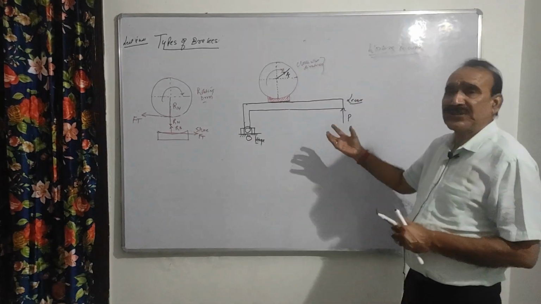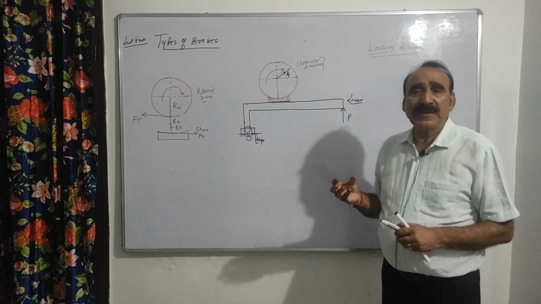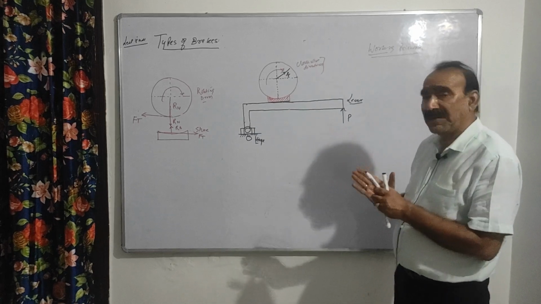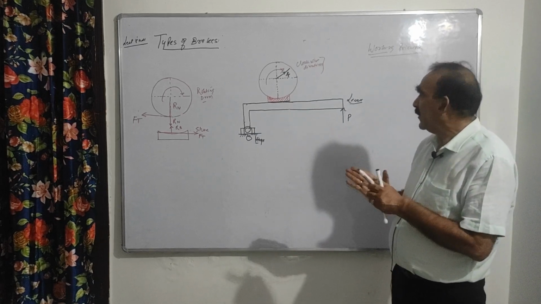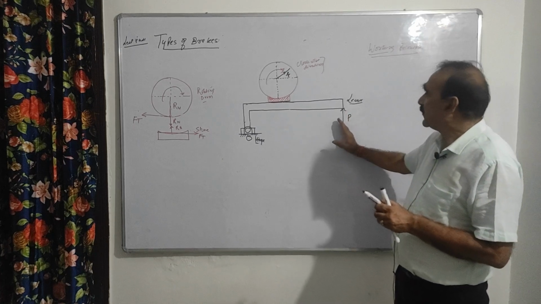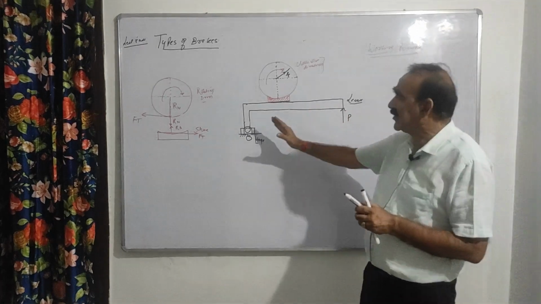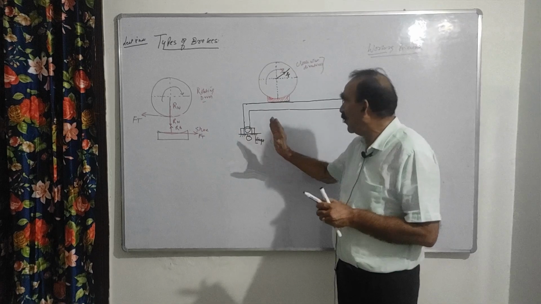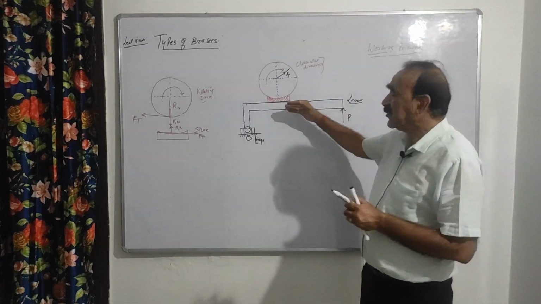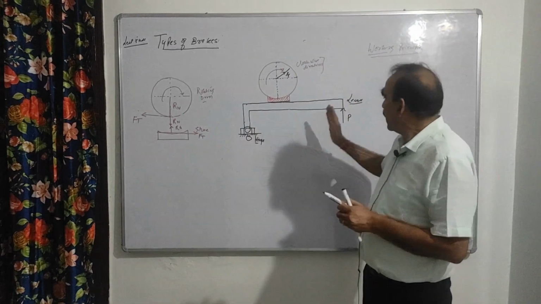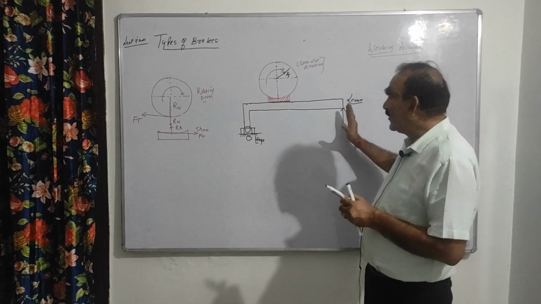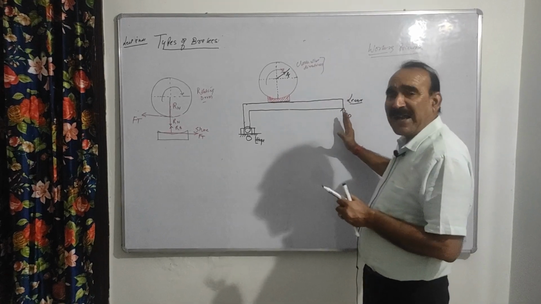In order to stop the rotation of the drum, what I will do is, there is a lever attached to this hinge at point O, and with the lever this shoe is attached. Now I will press the lever, meaning a force is applied on the lever.